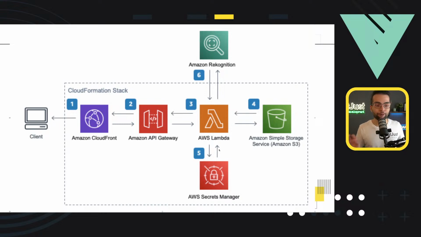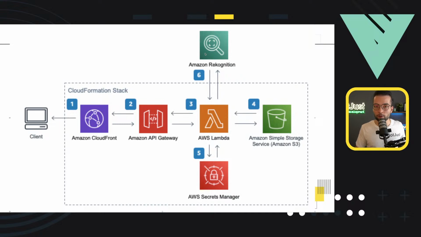So the first time the user requests an image, it will go to Amazon CloudFront. It will see that the image is not in cache with that specific configuration. It will go through Amazon API Gateway and invoke the Lambda function. The Lambda function will read the image from the source S3 bucket where images are stored, and use Sharp to optimize and edit it.